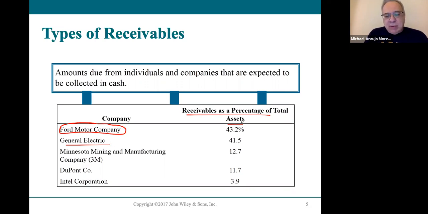So I'm going to pick on Ford for a second here because this is very typical. Of all of the assets that Ford Motor Company has, and they have a lot of assets, 43% of the assets are receivables. That seems like an incredibly huge number, and it is. And it's just basically the nature of the industry.